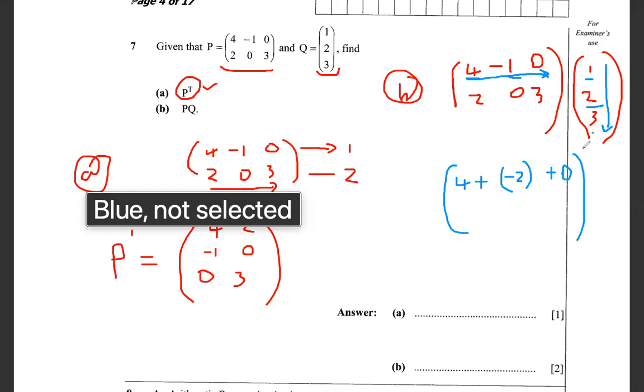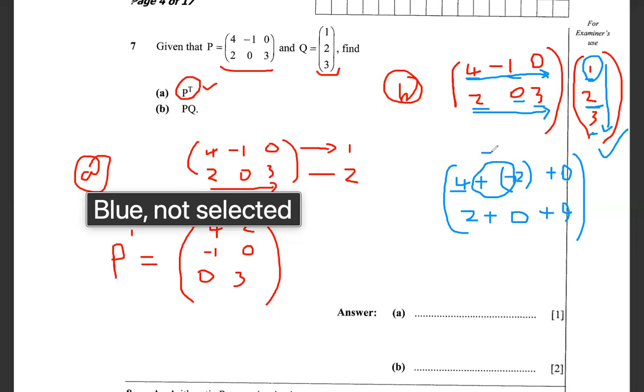But there's only one column in the second matrix. So we'll go by the same again using the second row. So we'll have 2 times 1 here, which gives us a 2. We add 2 times 0, which gives 0, plus 3 times 3, which gives us a 9. And therefore, 4 plus -2, like I said, different signs, you subtract.